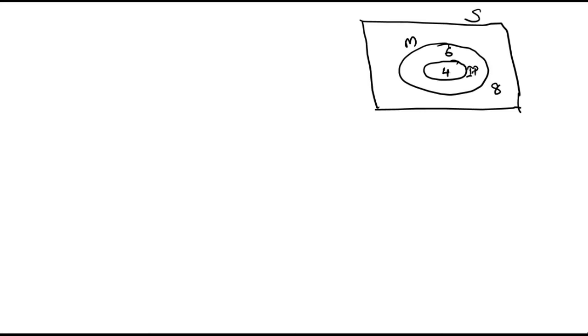Suppose this is maths, this is IP, with A as maths and B as IP. Now what is probability of A given B? We know it is probability of A intersection B divided by probability of B.